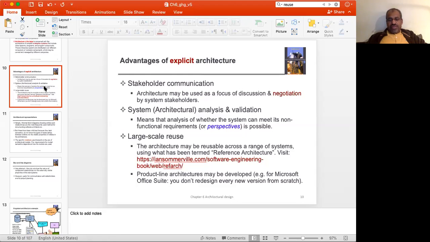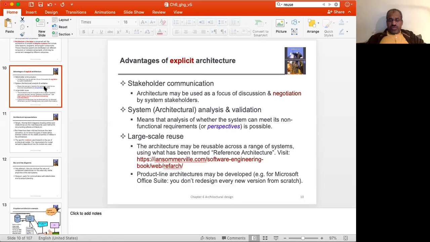It's another valid name for it. I'm interested, for example, in performance, dependability, reliability, availability, security, safety. These properties are not directly related to specific functions and are like cross-cutting concerns, and you want to analyze the architecture to see if it's capable of supporting these non-functional requirements and perspectives that you and your stakeholders are interested in.